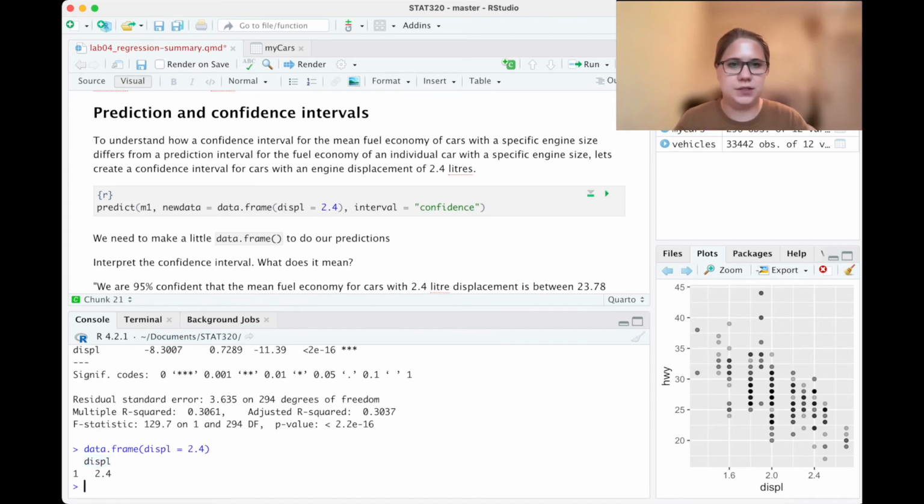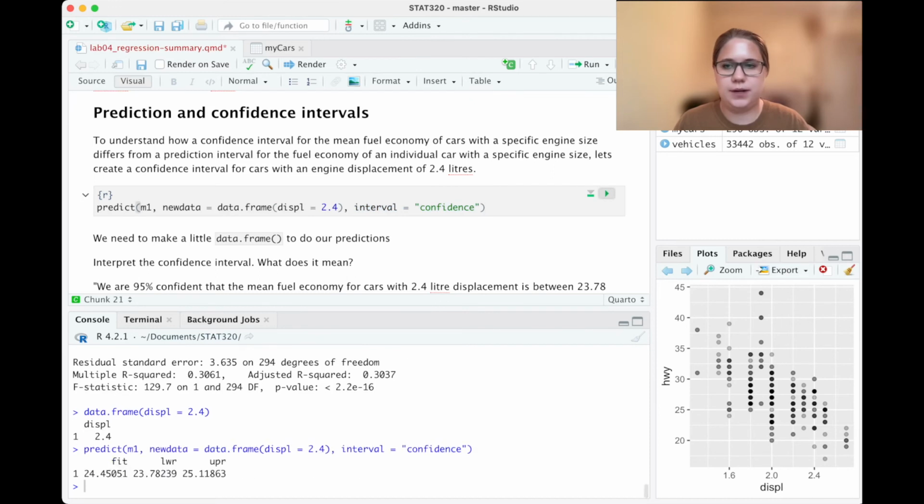The variable is displacement, and the one value is the one that I'm interested in this case. So we're going to try and figure out if the displacement was 2.4, what would we think would be our average highway mile per gallon? We have to put in that as a new data frame. And then we have to specify whether we want a confidence interval or a prediction interval. So I'm going to hit the play button here.